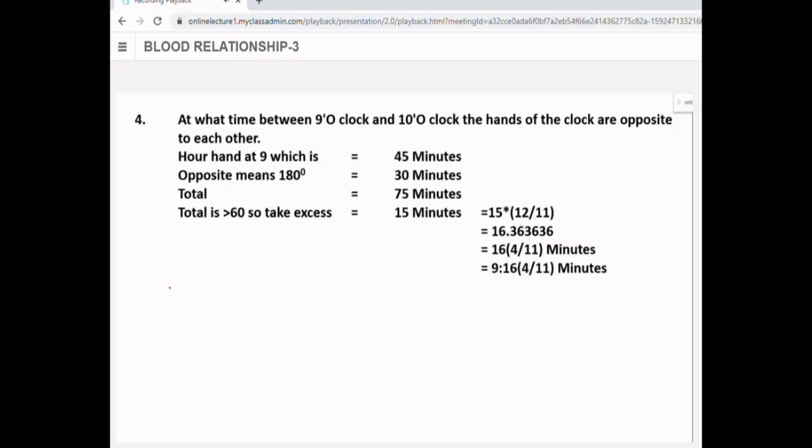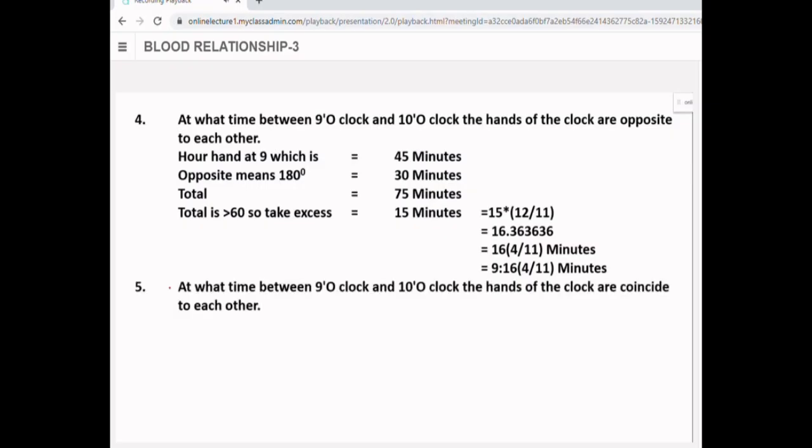Next concept. Okay, one small one. Now what it's saying: at what time between 9 o'clock and 10 o'clock are the hands of the clock coinciding with each other? Coincide means one above the other. Now, when the hands are one above the other, what will be the degree of the angle?